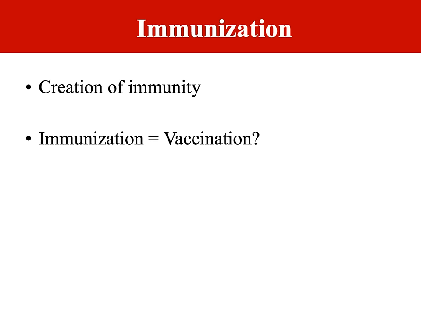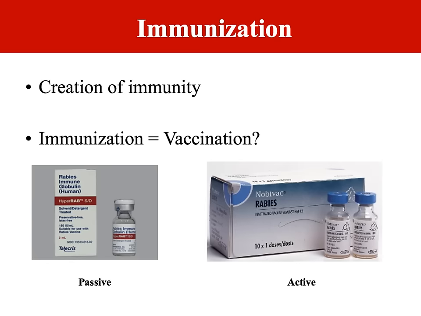So that being said, immunization is not strictly speaking interchangeable with the term vaccination. Vaccinations are always immunizations. Immunization is not always a vaccination. Make sense? Okay. The example that I mentioned a second ago is rabies.